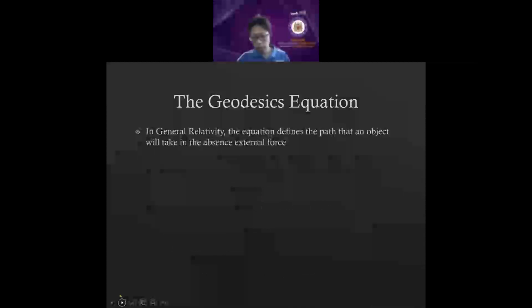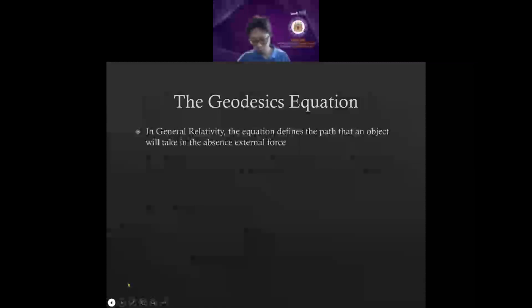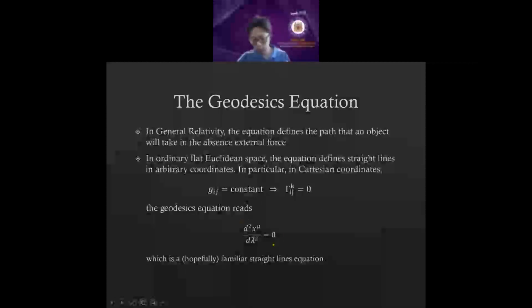Therefore, in the Cartesian coordinates, the Christoffel symbol is just 0. So because of this, the geodesic equation is going to reduce. This part is going to be 0, so we are left only with this part, and we are reduced to only this equation, which is none other than the equation for parameterized straight lines in flat space.